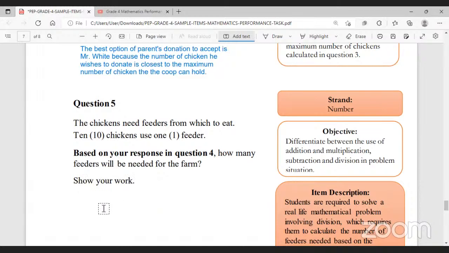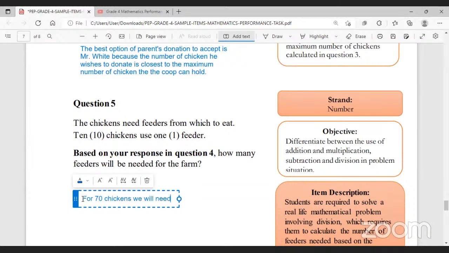So based on that response, we're going to write it out. I always use statements. We can say for 70 chickens, we will need, I'm just gonna leave this option, I'm gonna write it in afterward, dash feeders, after I do the working out.